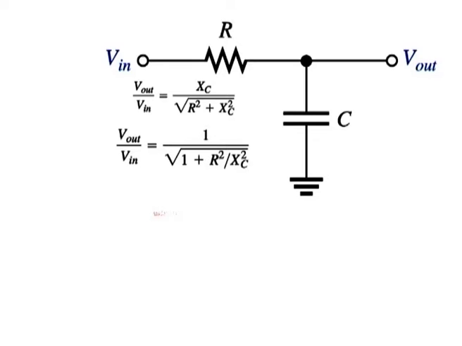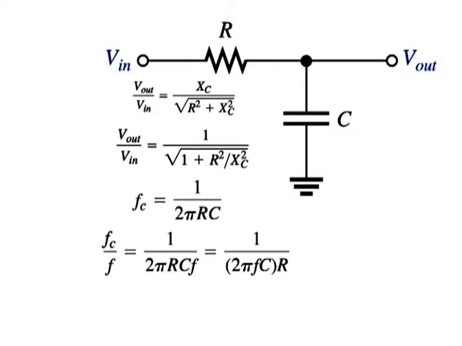The critical frequency of an RC circuit is given by this equation, where fc = 1/(2πRC). Dividing both sides by f gives fc/f = 1/(2πRCf) = 1/(2πfC·R). Since Xc = 1/(2πfC), the above expression can be written as fc/f = Xc/R.